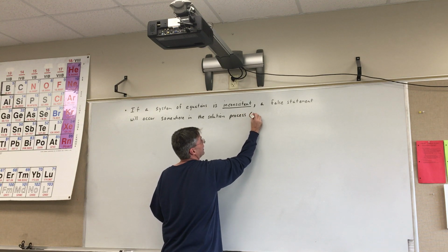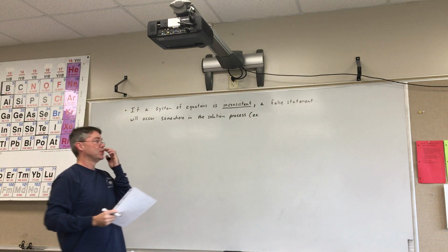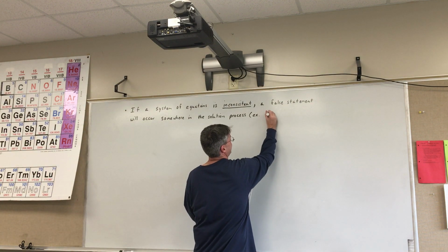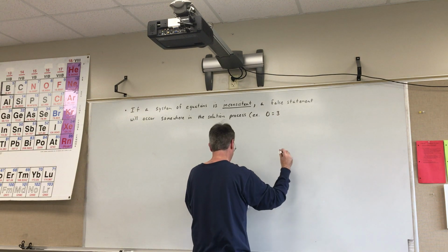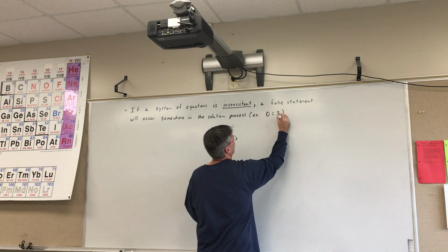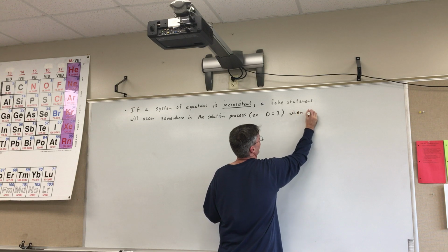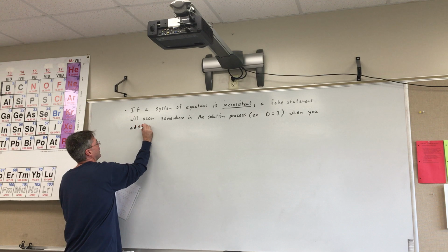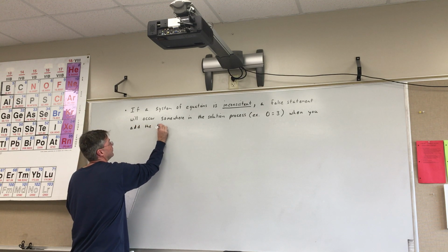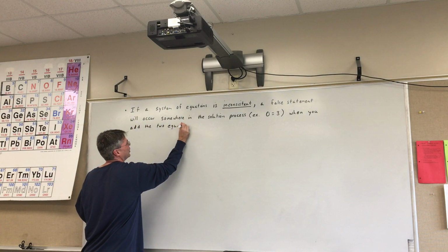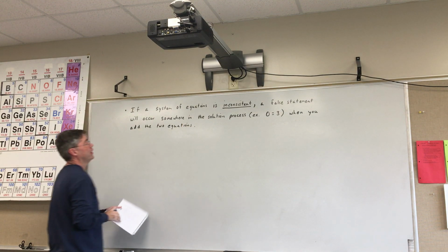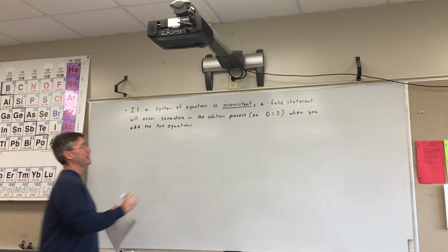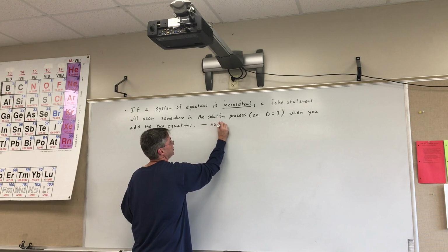So an example of that, let's say you've done some elimination and you eliminate a variable and you end up getting something like 0 is equal to 3 when you add or subtract the two equations. Okay, so if you get a false statement that's an inconsistent system, that's a no solution situation.